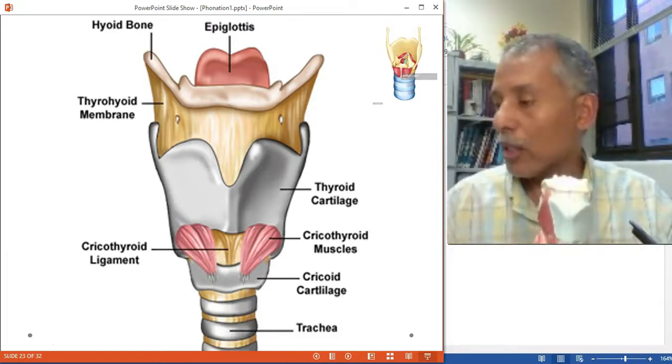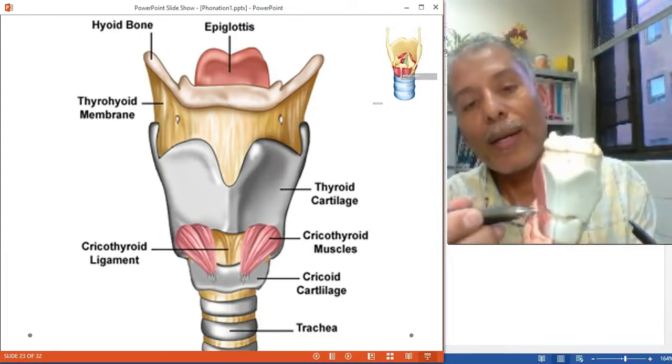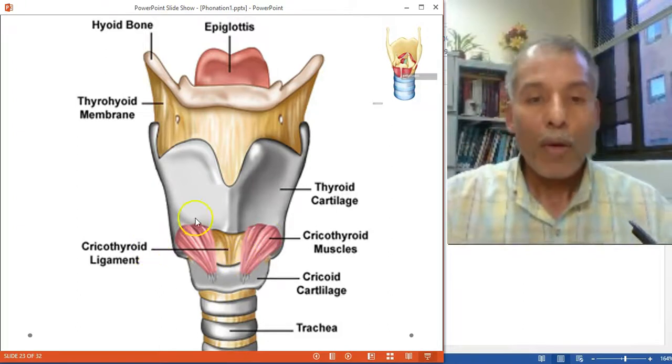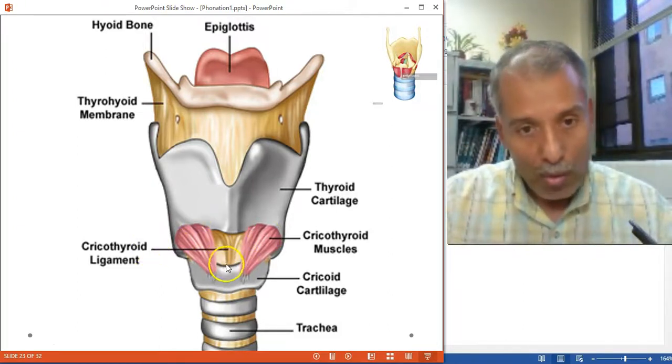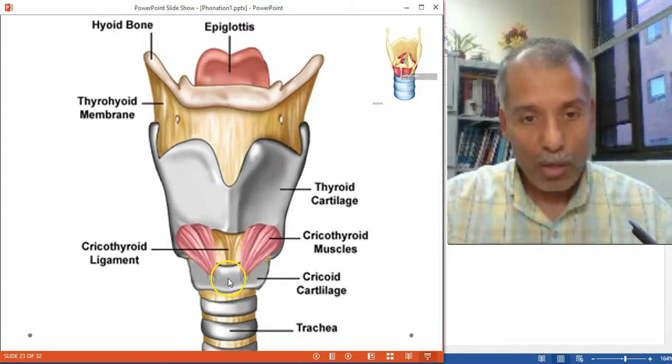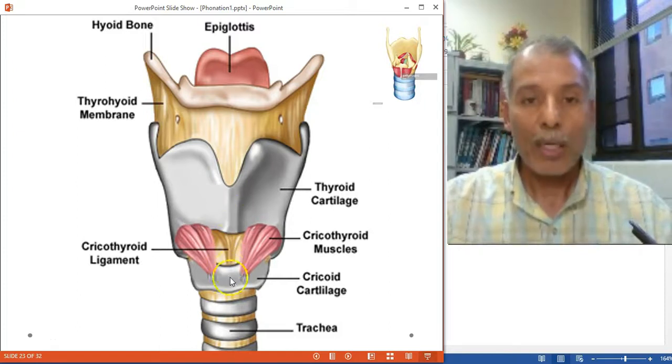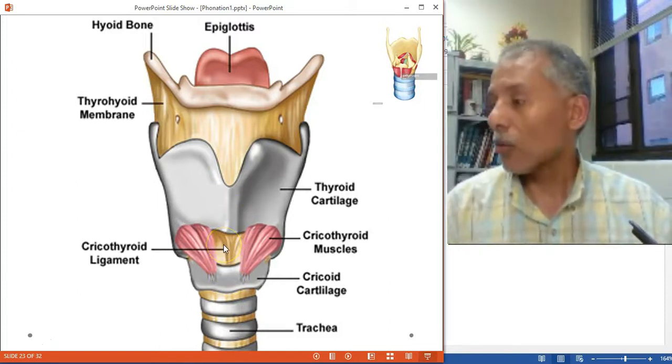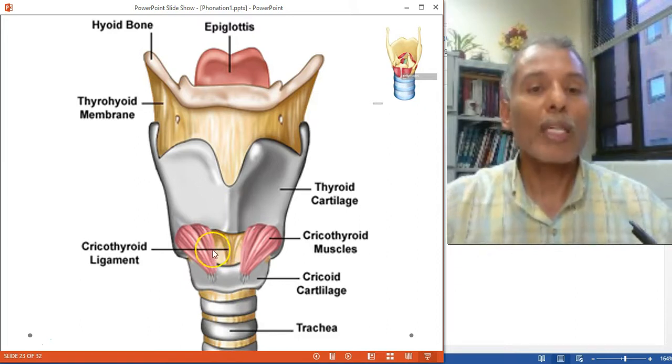It shows here, it's very tiny. That is called the cricothyroid ligament. It connects these two so that they stay together.